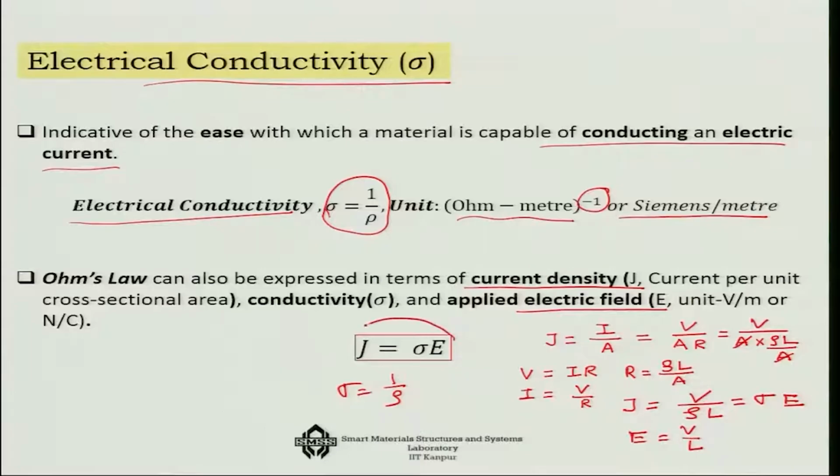Thus, we can get this beautiful relationship where J, the current density, can be related to the applied electric field with the help of electrical conductivity, and that is a new form of Ohm's law.